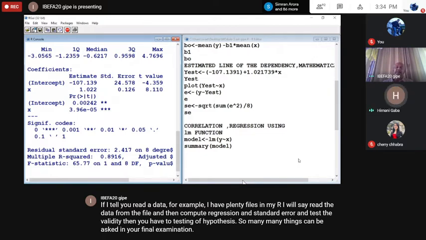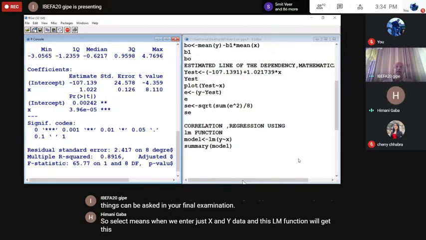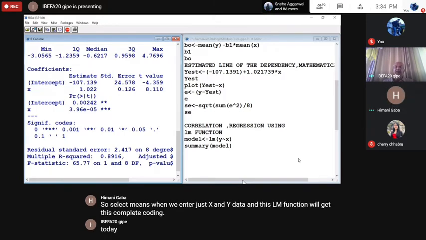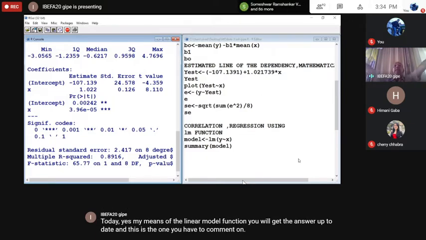So, sir, it means when we enter just X and Y data and this LM function, we will get the complete coding. Correct. By means of the linear model function, you will get the answer, and this is what you have to comment on: the reliability of your forecasting, the prediction of your value.